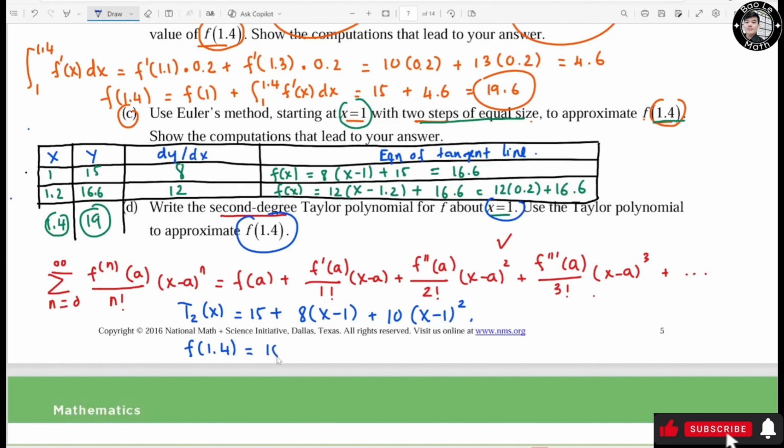So it's going to be 15 plus 8 times 1.4 minus 1, which is 0.4, plus 10 times 0.4 squared, right? So it's going to be 19.8.